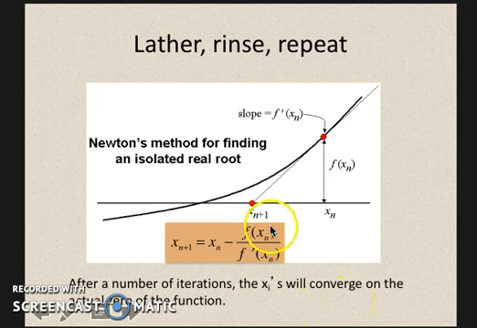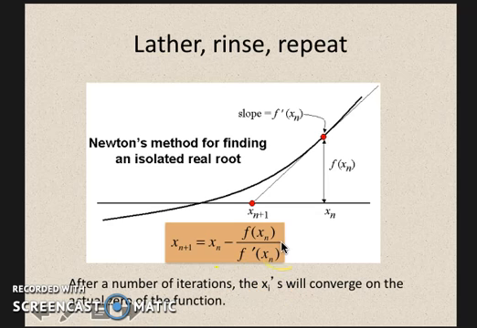We generalize the formula as this: x of n plus 1, the next guess or the next point closer to the zero, will be equal to the previous guess minus the function value at the previous x over the derivative of the function at the previous x value.